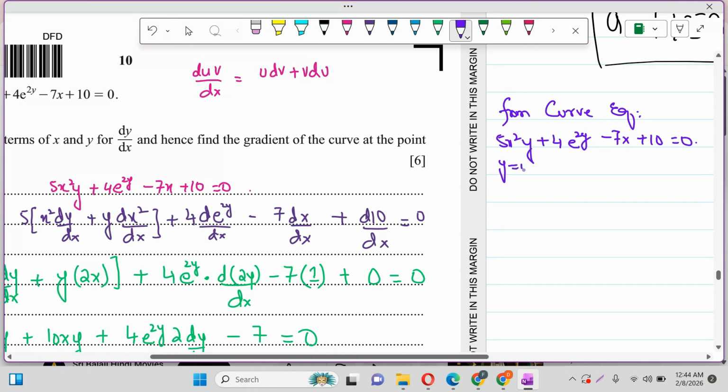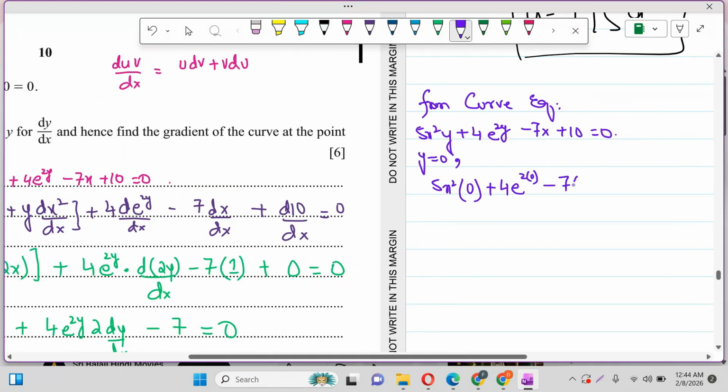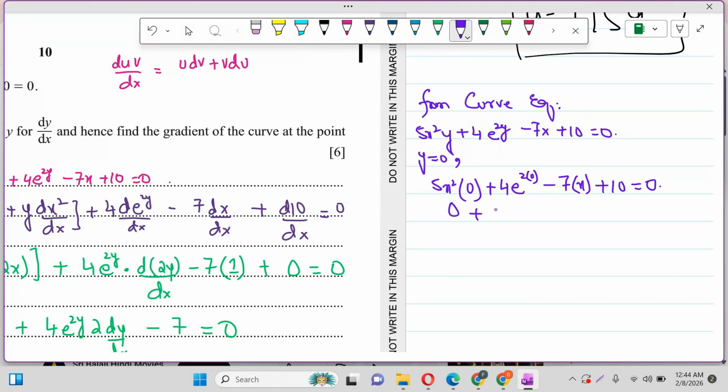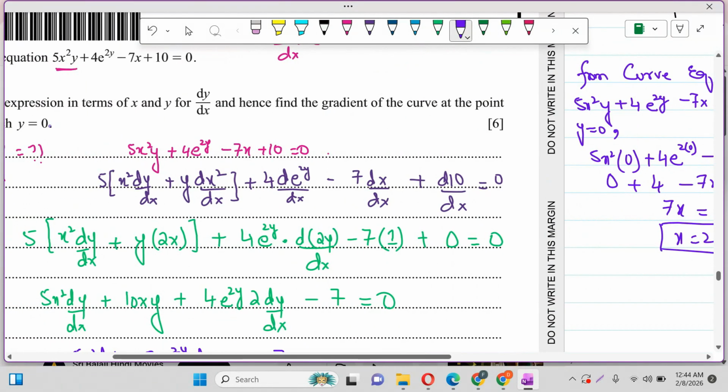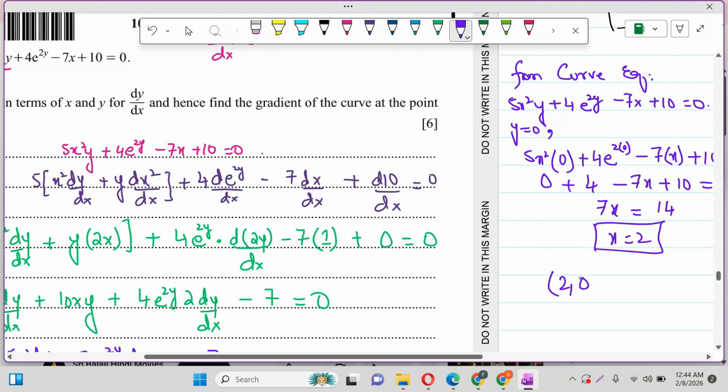When the y coordinate is 0, we will have 5x squared times 0 plus 4 exponential of 2 times 0 minus 7 times x plus 10 equal to 0. So the first term will be 0, plus 4 times exponential of 0, which is 1. So 4 minus 7x plus 10 equals 0. So we have 7x equals 14 and x is equal to 2. So the point where the curve has y equal to 0 is (2, 0).